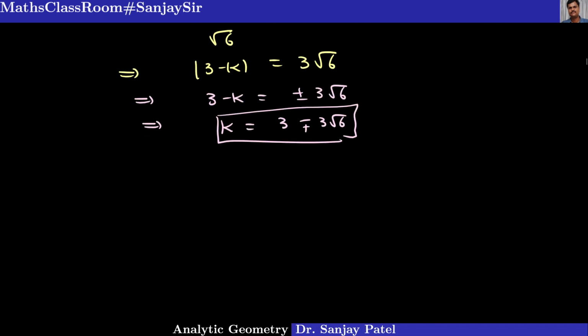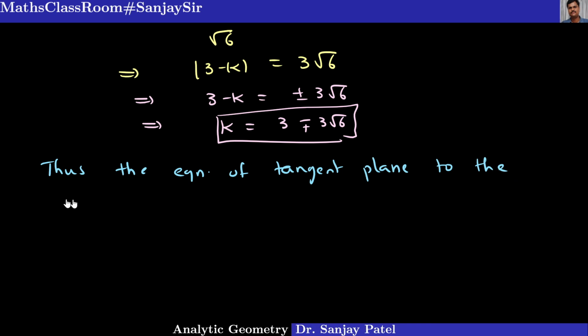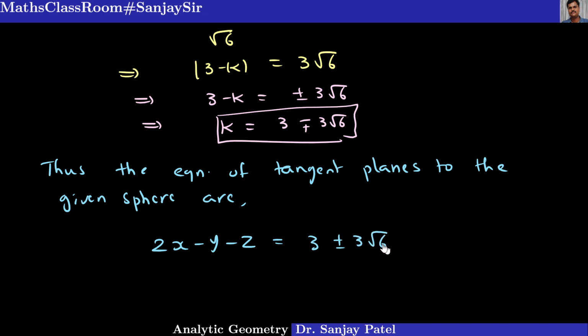Thus the required tangent planes to the given sphere, because there are two planes, will be 2x minus y minus z, which we have taken as k. Now k is equal to 3 plus or minus 3 root 6.